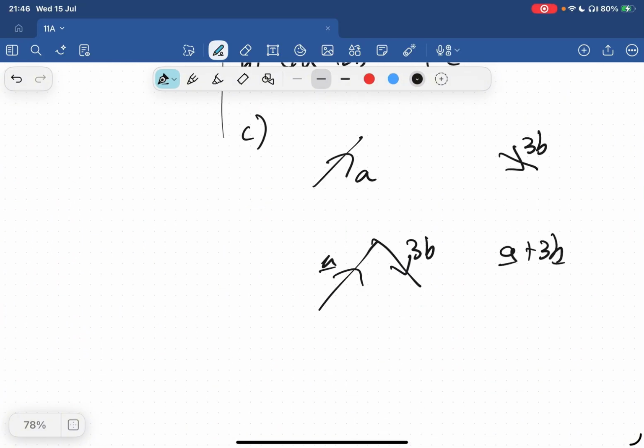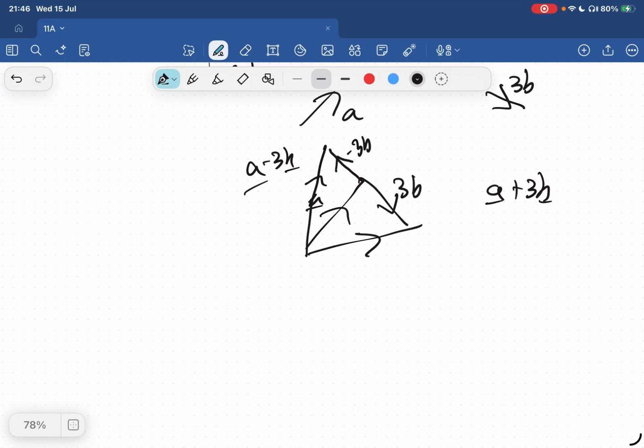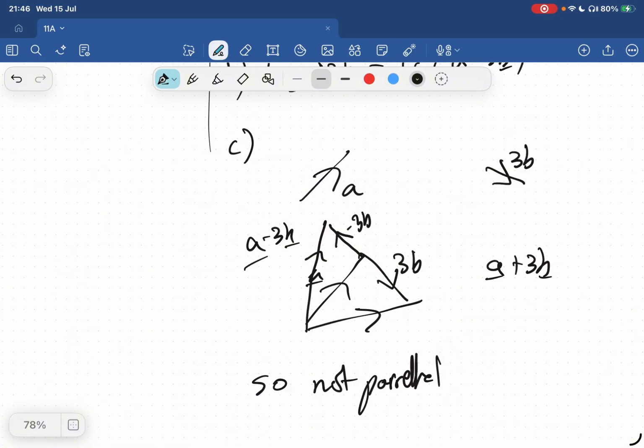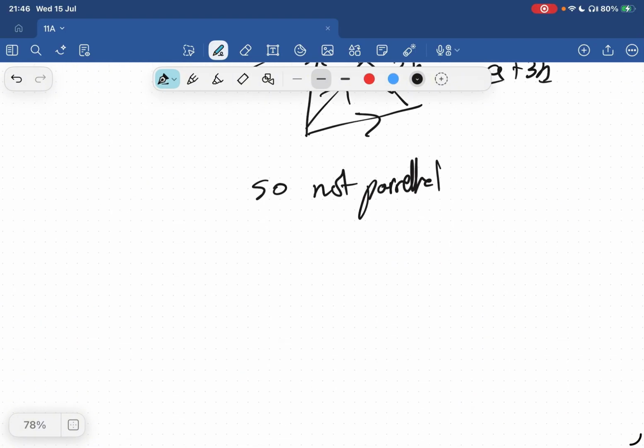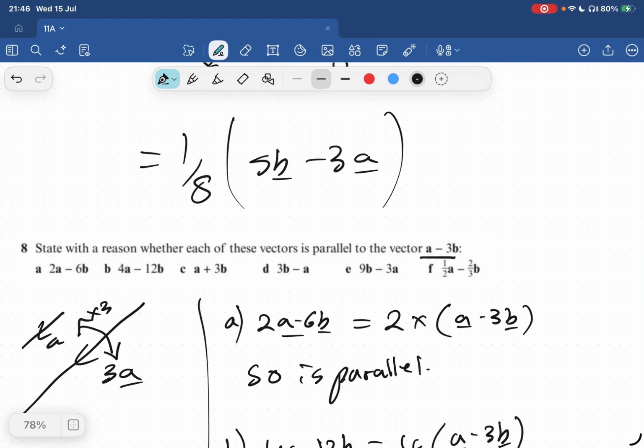But then this is negative 3b, like this. This is going to be A take away 3b. So these are not going to be parallel. They can't be parallel, because they're going to intersect. So not parallel. Now let's look at D, which is 3b minus A.